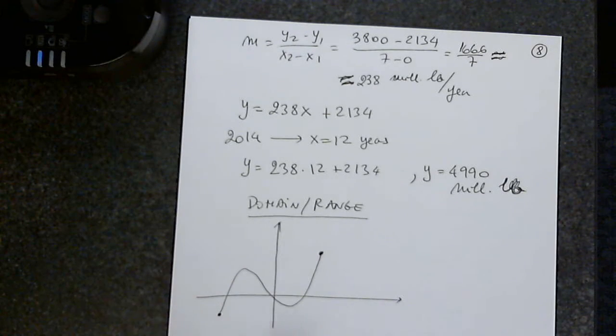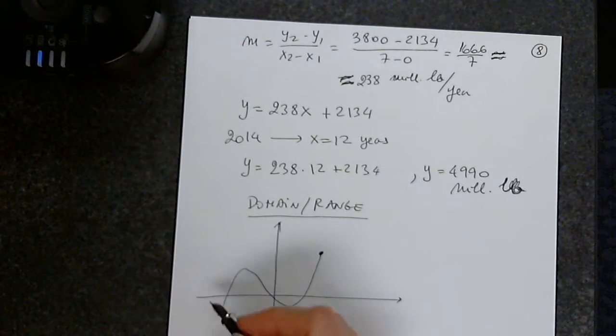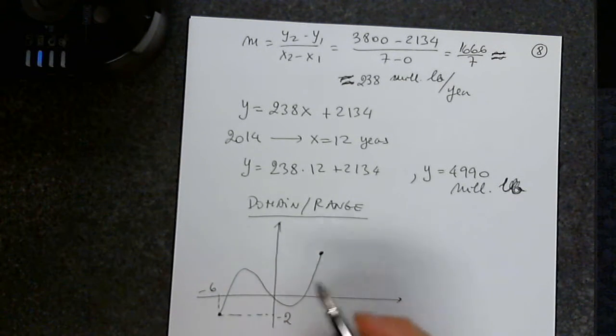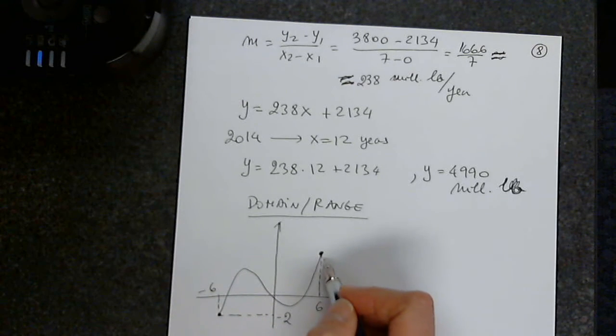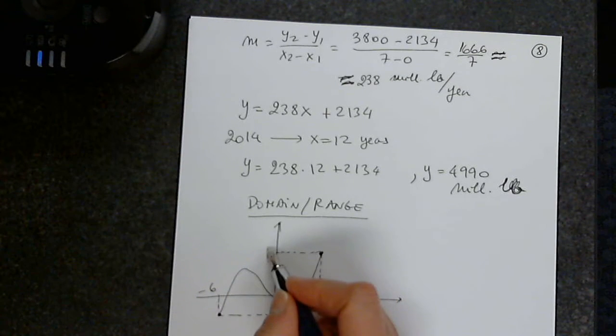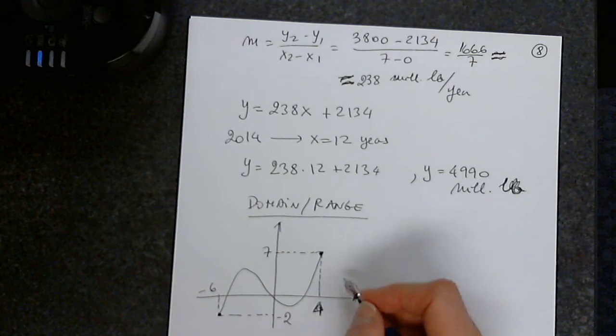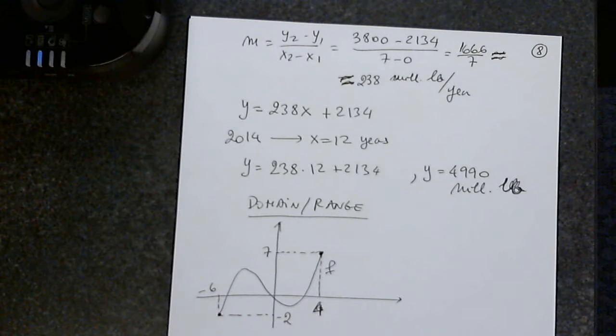These points mean that the function starts and ends at those points. It does not continue forever. And I'm just going to make up some numbers here. Let's say I'm getting -2, -6. I'm going to say 6. Let's say 4. And 7. For this function, first of all, is this a function?